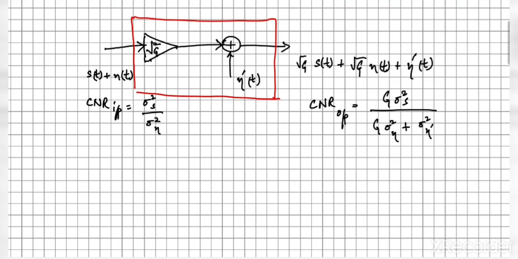The noise figure of such a system can therefore be defined as the ratio of CNR at the input, which will be sigma square S by sigma square eta, divided by the CNR at the output, which is basically G times sigma square S divided by G times sigma square eta plus sigma square eta dash.